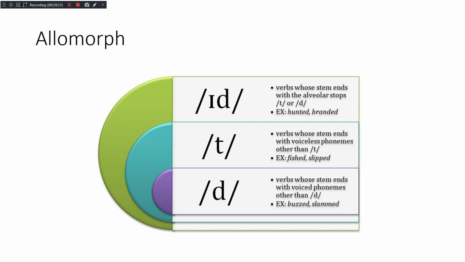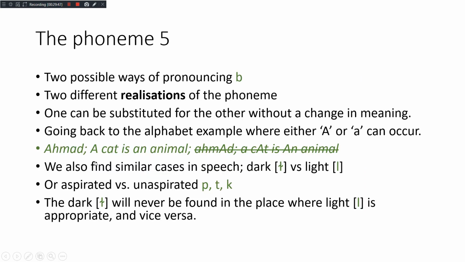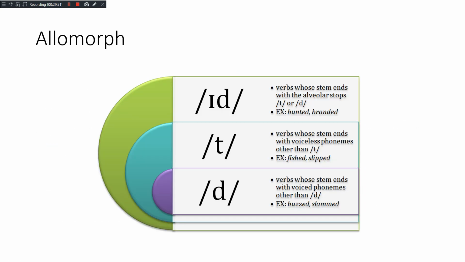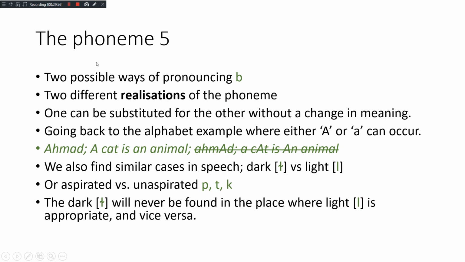So I hope this helps to understand the idea of different realizations, different representations of the same unit. This example is taken from morphology, so different realizations of the same morpheme, but we study phonology in our module.